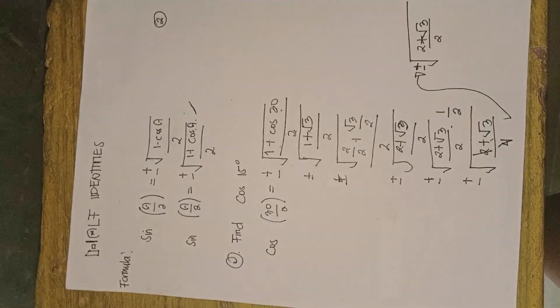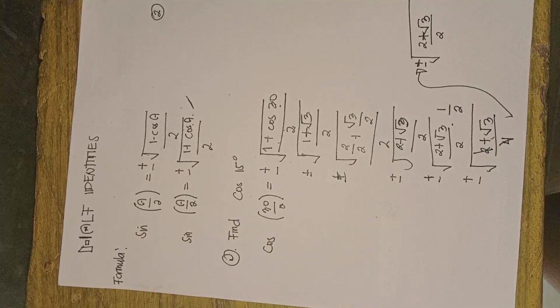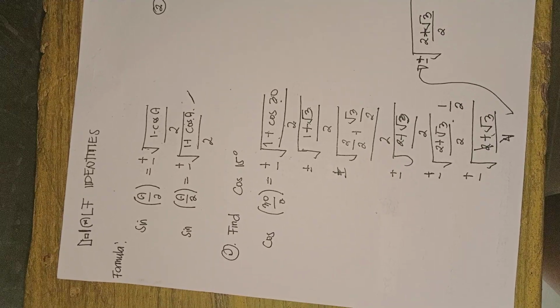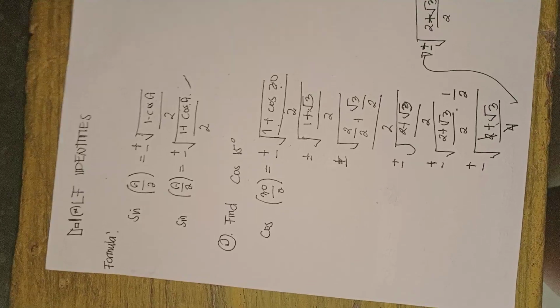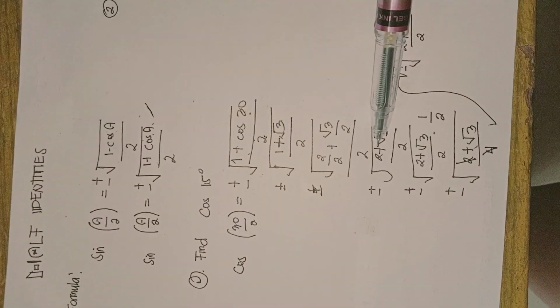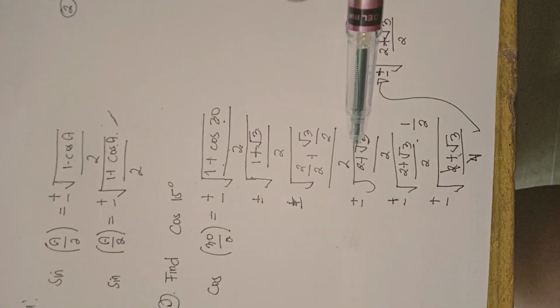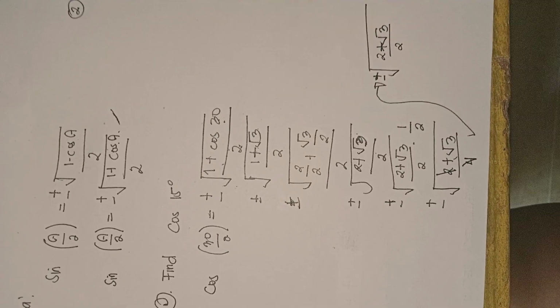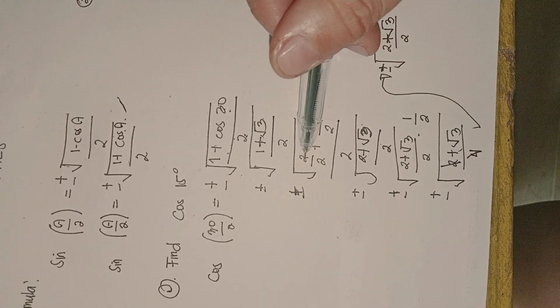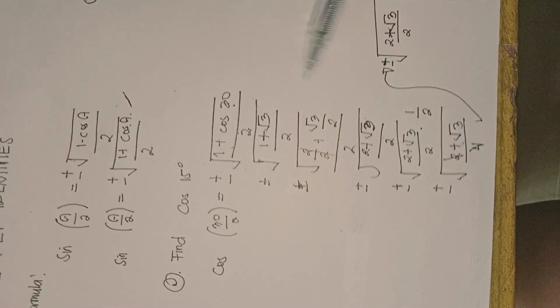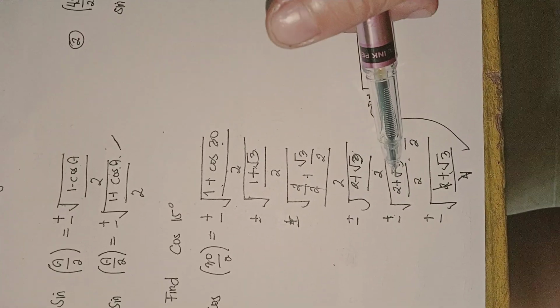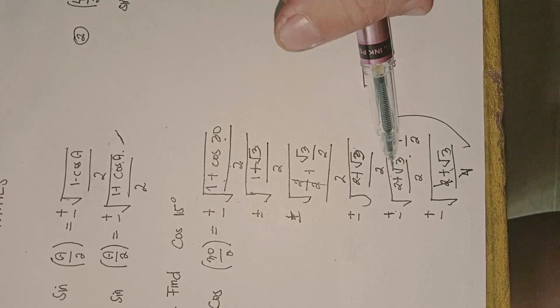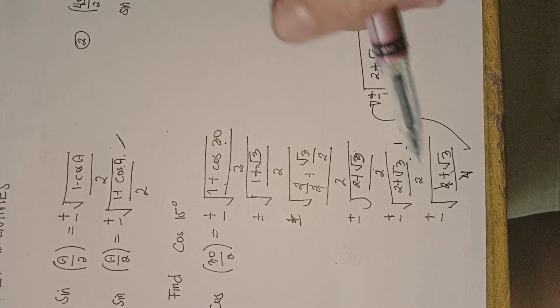So positive negative square root of 1 plus cosine of 30, which is square root of 3 over 2, all over 2. Rationalize the denominator, so we have now positive negative 2 plus square root of 3 over 2, because we need to cancel out this, all over 2.